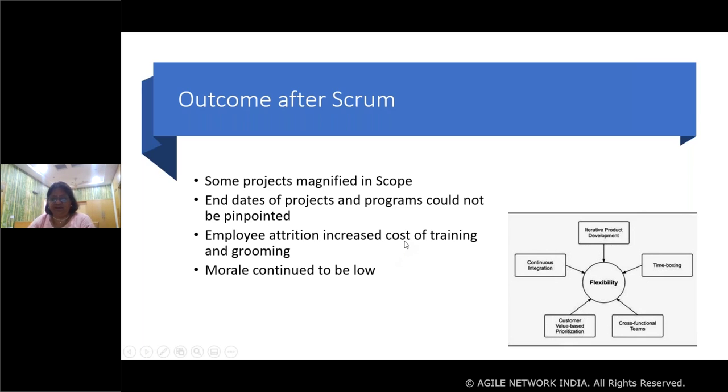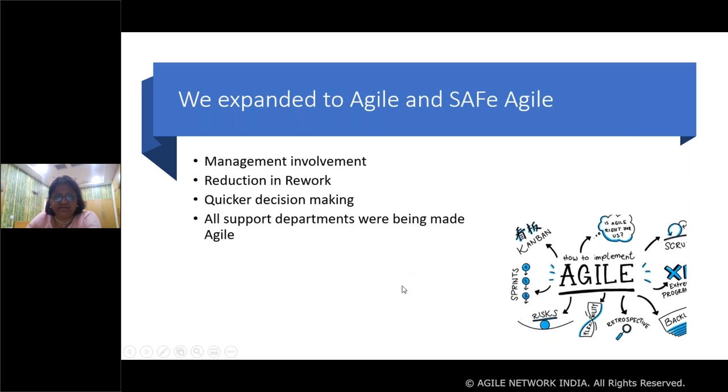So we decided to take up a more holistic approach. We decided, let us move into implementing agile across the project, as well as move to SAFe agile. The advantage of this was that we started implementing agile in smaller areas, and even the management was involved, in all the work that the management did.